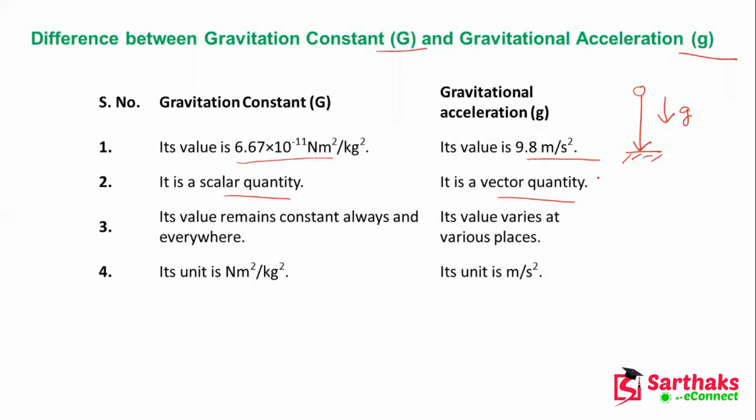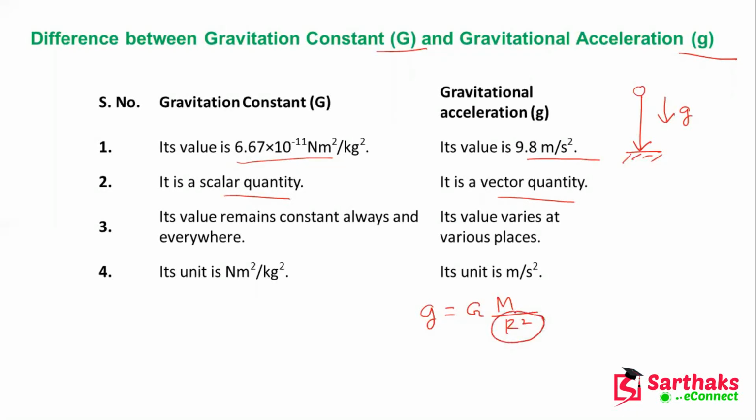And the gravitational constant remains constant always and everywhere. But the value of g is not equal everywhere. It can vary, because g is G into m divided by r square.